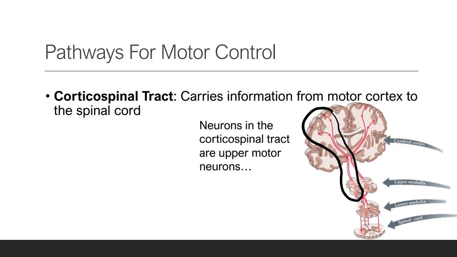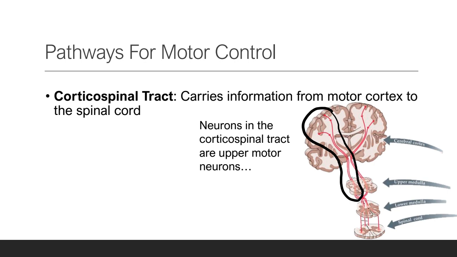So let's look at some of our pathways for motor control, those running to and from the brain and the spine. The corticospinal tract is a pathway that carries information from the motor cortex to the spinal cord. The neurons in the corticospinal tract are upper motor neurons.